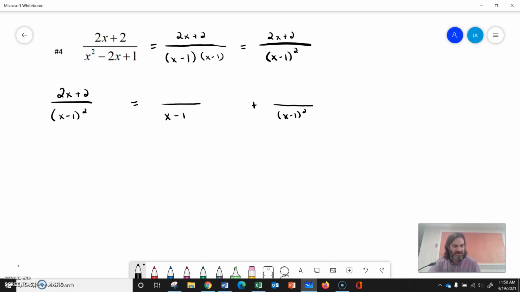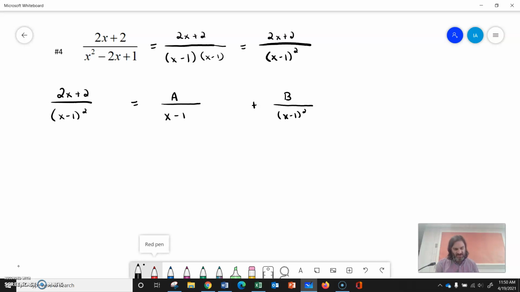That's degree 1, so the numerator needs to be a constant, 1 degree less, so it'll just be a. And we're going to use that same setup for each repetition of that factor. We need a new name for it, so we'll just use b for the one with the x minus 1 quantity squared. So this is the setup.